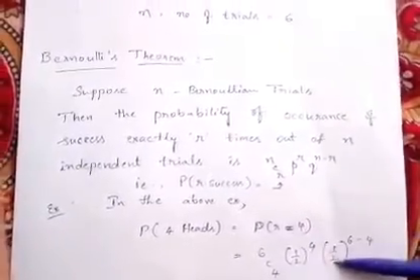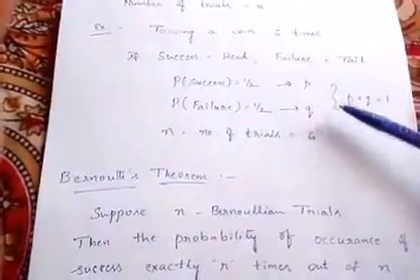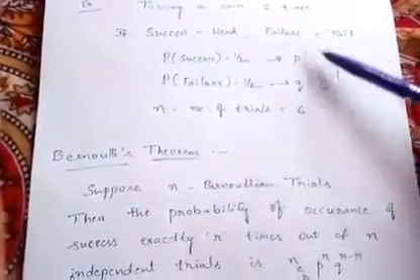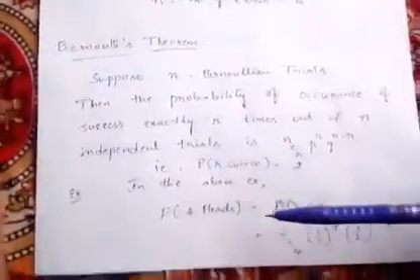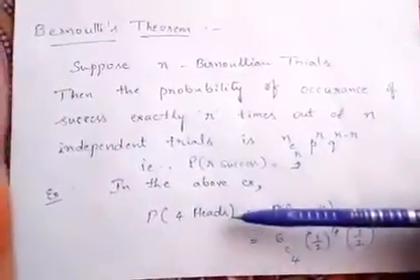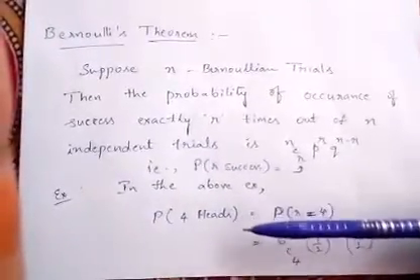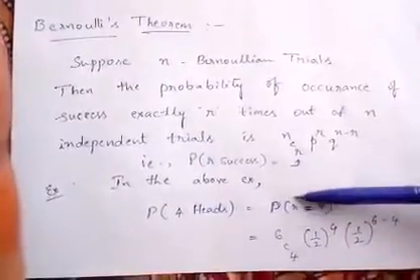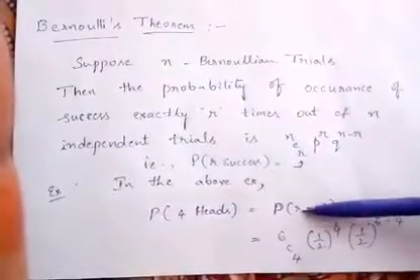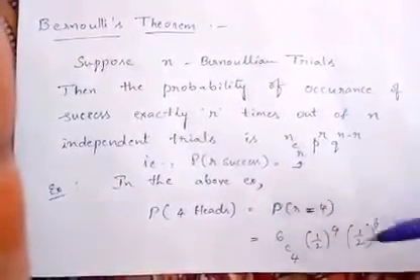Let us see one example. Already we discussed one example above, tossing a coin 6 times. In those 6 tosses, consider the probability of occurrence of 4 heads. Here r equals 4, where r indicates the number of successes.